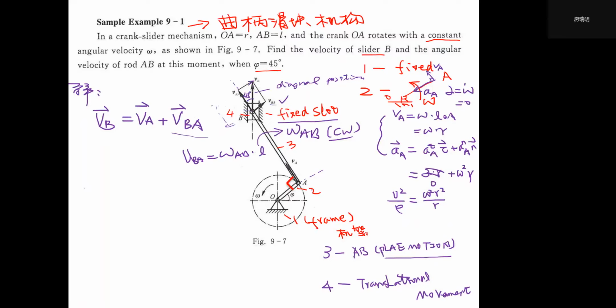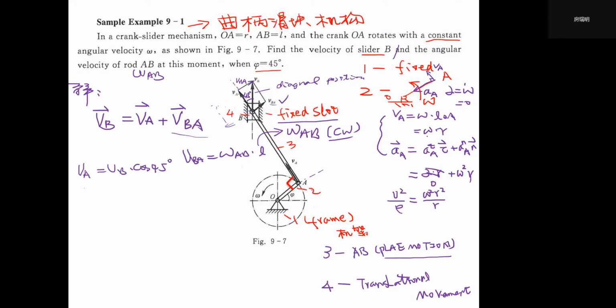Our main task is to find the velocity of slider B and the angular velocity of rod AB, that is omega AB. So look at this. We can find that VA here equals VB times cosine 45.